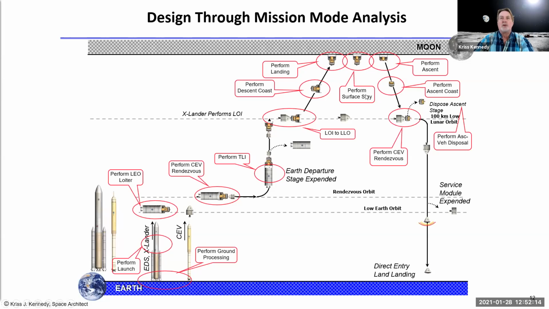You perform the surface mission, science and mission objectives. Then you depart. You have your rendezvous in orbit, and then you come back to Earth.